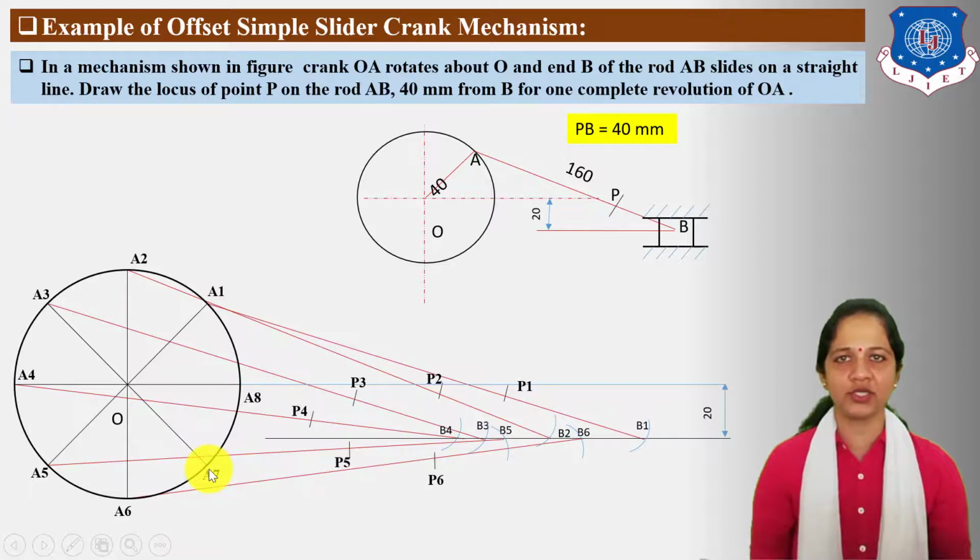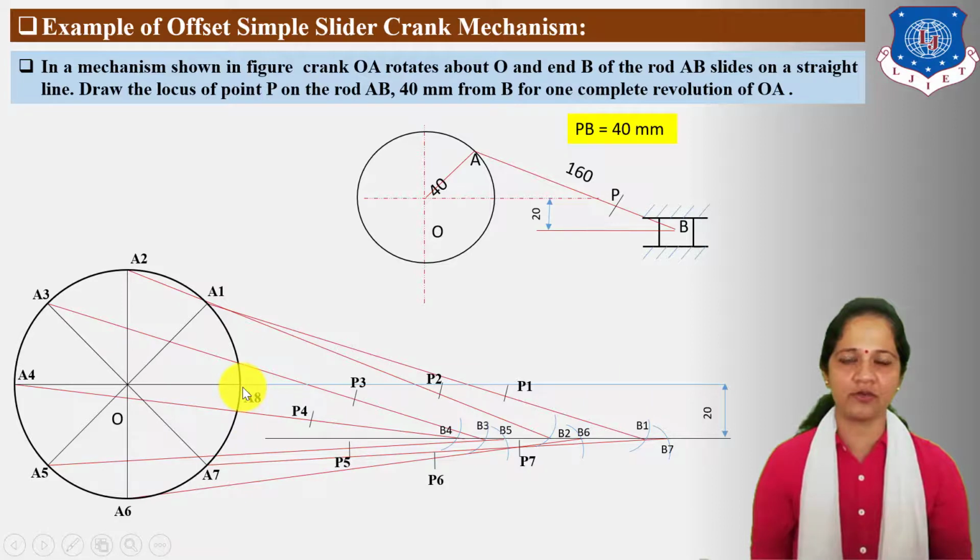From A7 position of crank, find out B7 slider position, connect A7 B7 and on A7 B7 connecting rod, locate P7 locus.